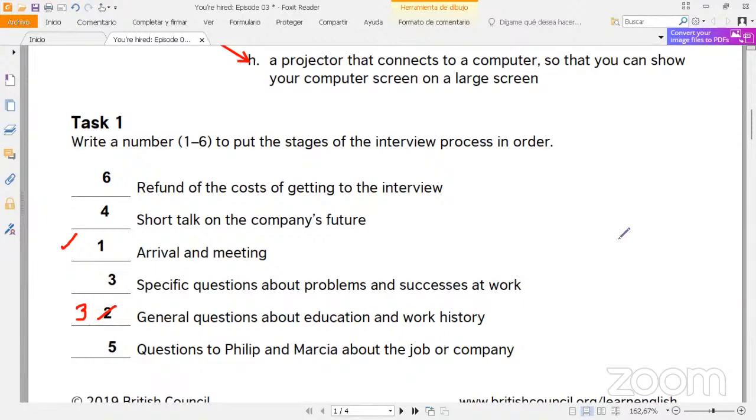A specific question. No, that would actually be short talk on the company's future. That's actually number 6. Who found the cost of the costs?